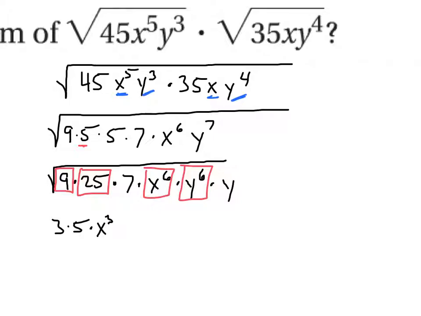And what is the square root of y to the 6th power? y to the 3rd. And we are left with then a square root of 7y. Okay, so the last thing we need to do to write our final answer is you need to multiply 3 times 5. So we get 15 x cubed y cubed times the square root of 7y.